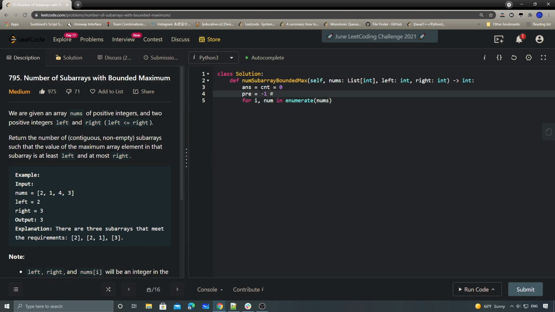The reason I put a -1 here is because if the first one is also within the range, then in the end I'll be using the current index minus the previous one, without doing a +1. So that when the 2 falls in the range here, if I used 0 minus the previous one, I would get 1 instead of 0. That's why I use -1.